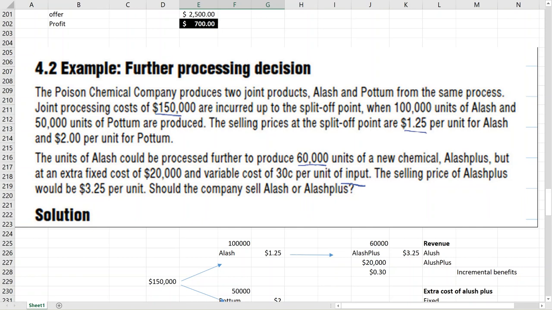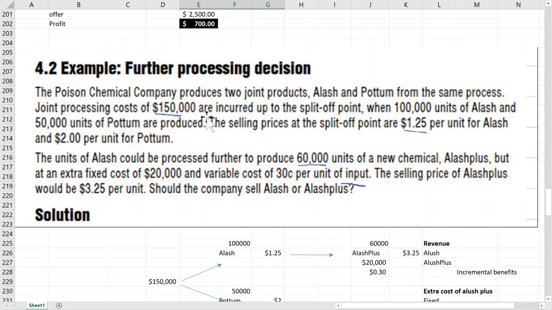The non-financial factor is whether our customers like the further processed product or not. Is there any demand for the further processed product or not? Or if we further process the product, it means that we don't have the original product. How does that affect our customers? Okay, let's see.